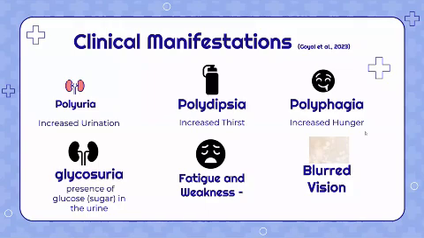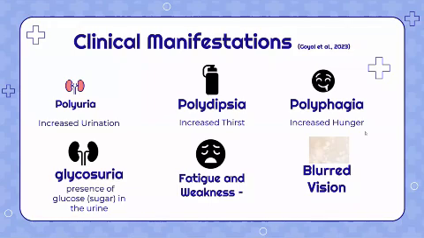To make up for the lost fluid, the body sends a signal to increase thirst, leading to polydipsia or excessive thirst. This situation makes the person drink more and more water to stay hydrated. At the same time, even though blood sugar is high, the body cells aren't able to use it properly for energy.